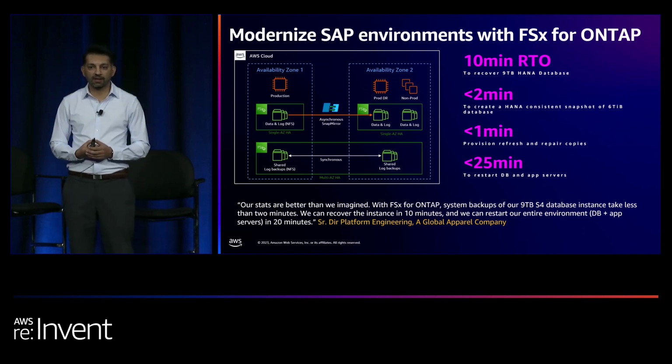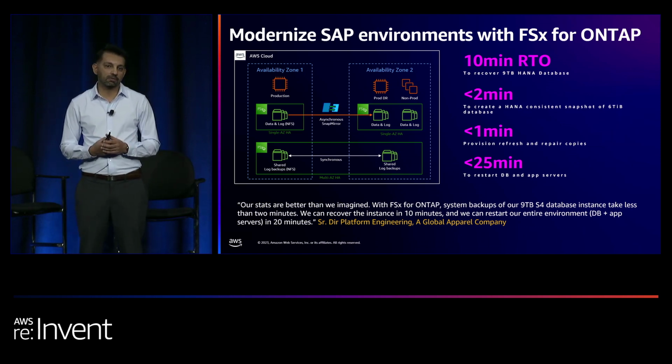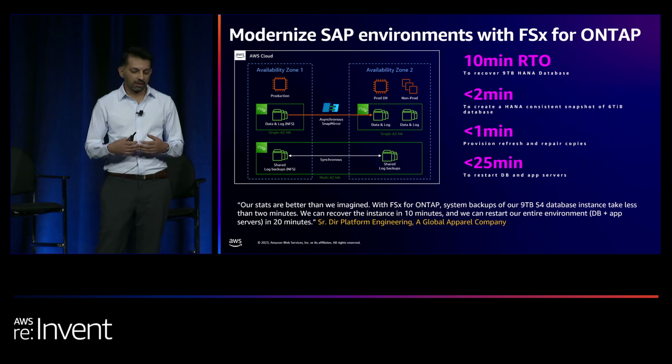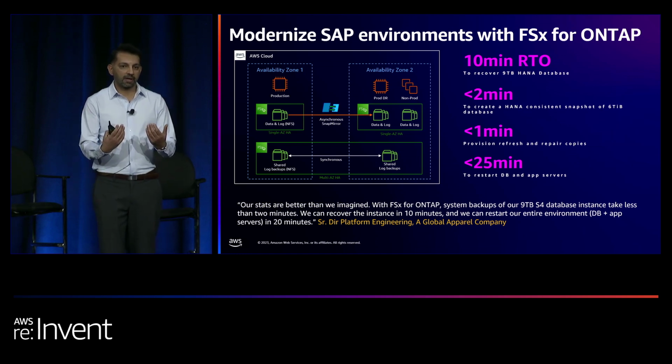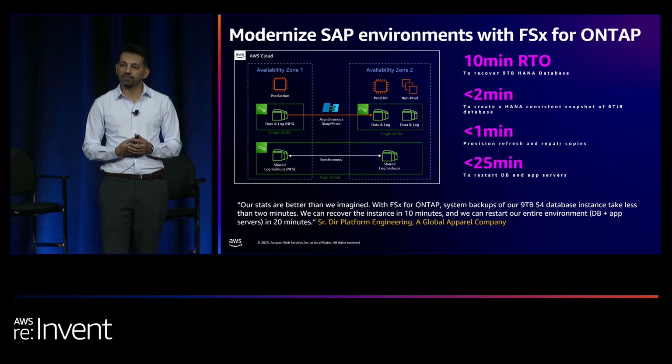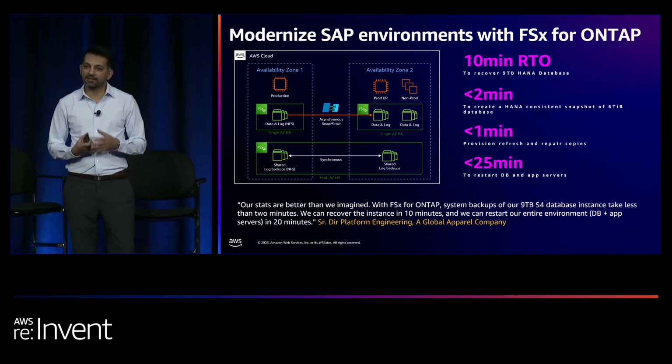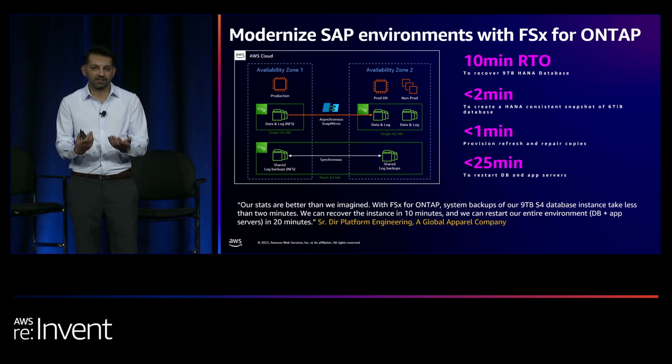And FSx for ONTAP was the only solution that could actually help them meet those very aggressive goals. They were able to bring the whole environment together, architect it, and bring it up within 25 minutes. It's a 9 terabyte HANA database.